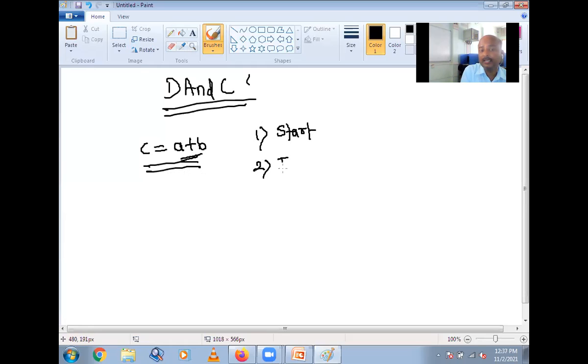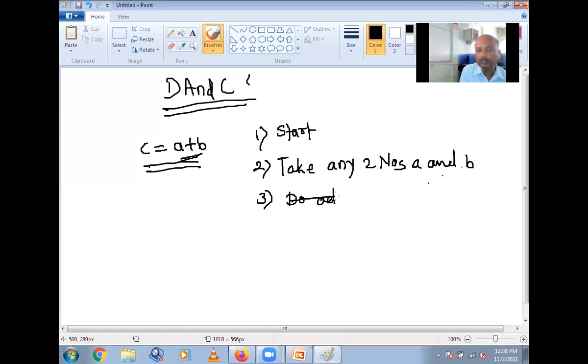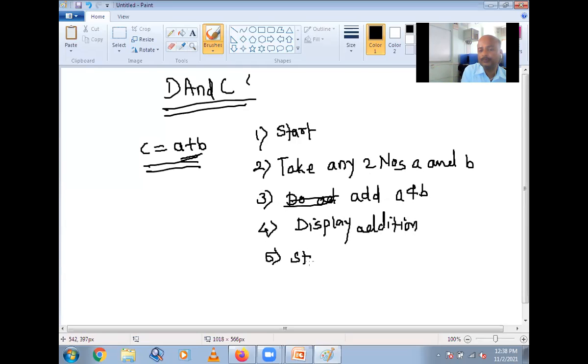Second, take any two numbers A and B. Third, add A and B. Fourth, display the addition, and fifth, stop.